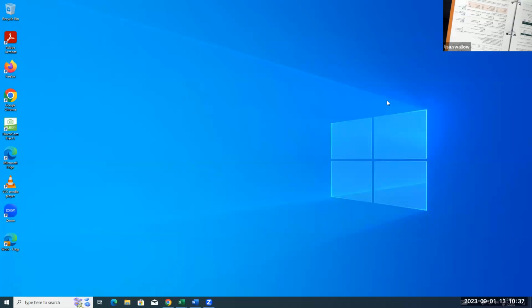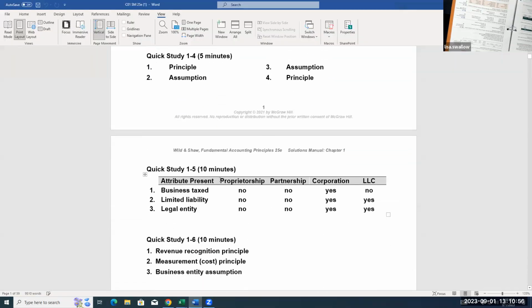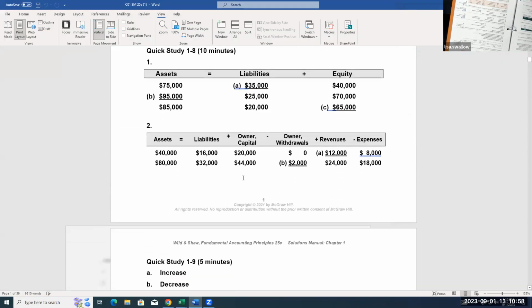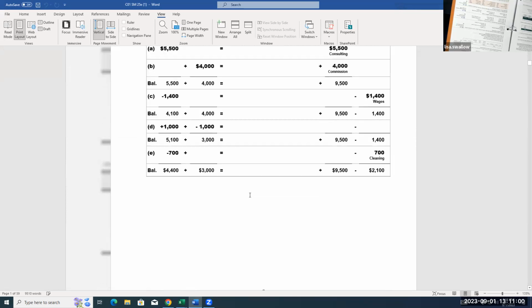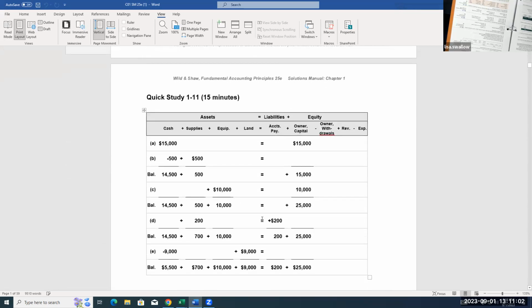So the first one said, or what it said to do, was create a table similar to Exhibit 1-9. Then use additions and subtractions to show the dollar effect of each transaction on individual items. And we know that this thing has got to stay in balance because it's a mathematical equation. And they tell us very specifically how to set it up.